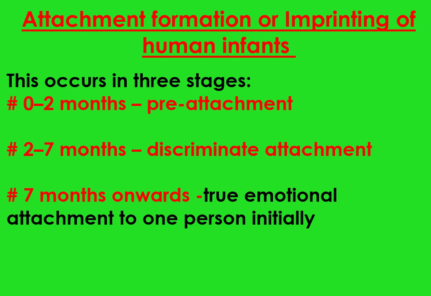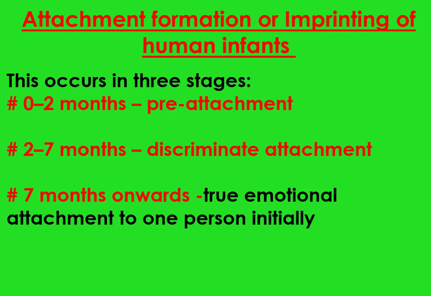This occurs in three main stages. The first stage, from 0 to 2 months, what we call pre-attachment stage. In this stage, the infant prefers people to objects but does not really discriminate between different people. The second stage is from 2 to 7 months, that is discriminate attachment.